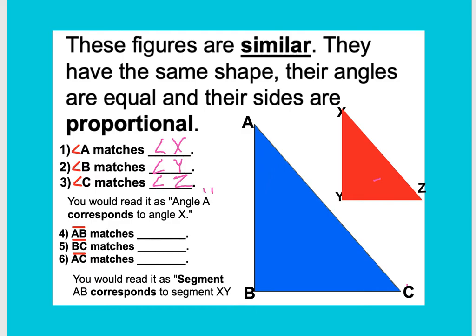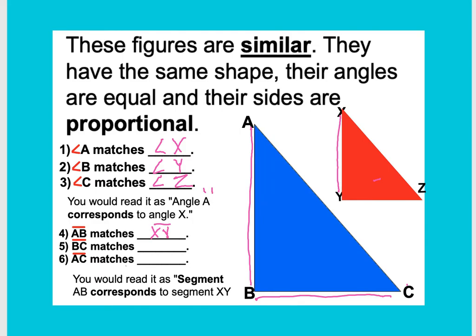Looking at the side lengths, we would say segment AB, or side length AB here, matches or corresponds to XY. So you would read this, segment AB corresponds to segment XY. And you put a little segment on top to let everybody know you're talking about a line segment or a side length. Okay, BC corresponds to what?